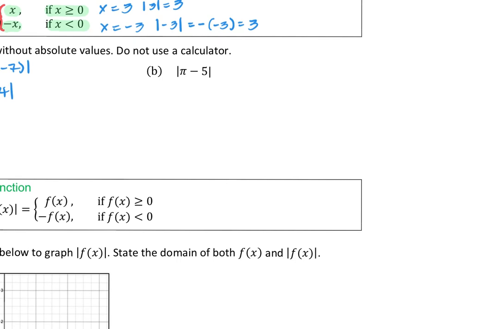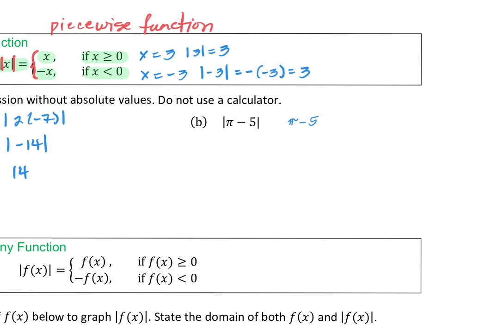Now, if you were to plug this in a calculator, you would get a decimal approximation. It would not be the actual value of the absolute value of pi minus 5. Here we have to use the definition. So what we want to do is look at pi minus 5 and ask ourselves, is this greater than or equal to 0? Because that would be, in our definition, our x value.